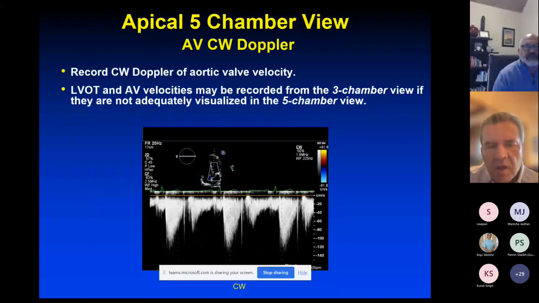And in this same view, please turn on continuous wave Doppler so that we can assess maximum velocity across the aortic valve. And this can be done in this 5-chamber view, and we're coming up on a 3-chamber view. If this view is difficult to obtain, then it can be obtained in the 3-chamber view as well.